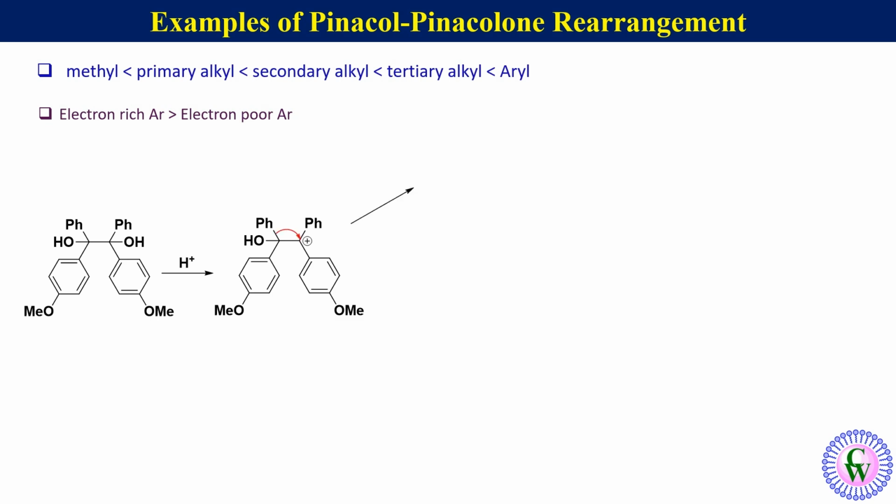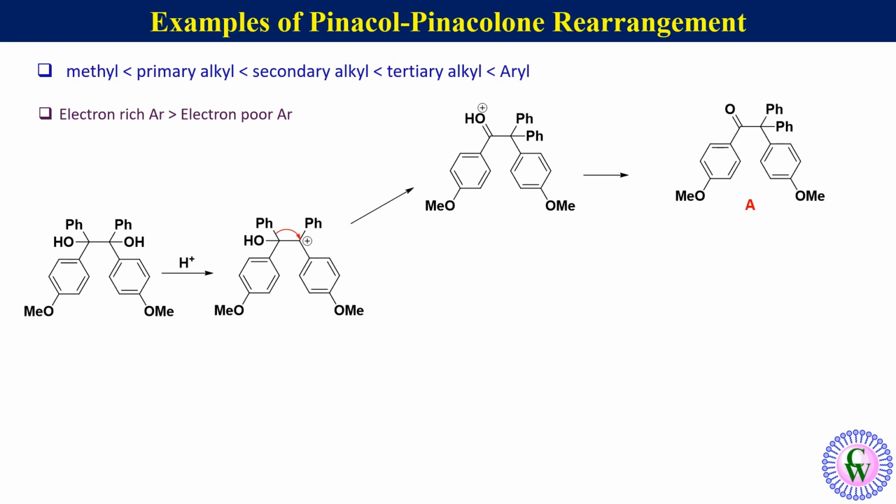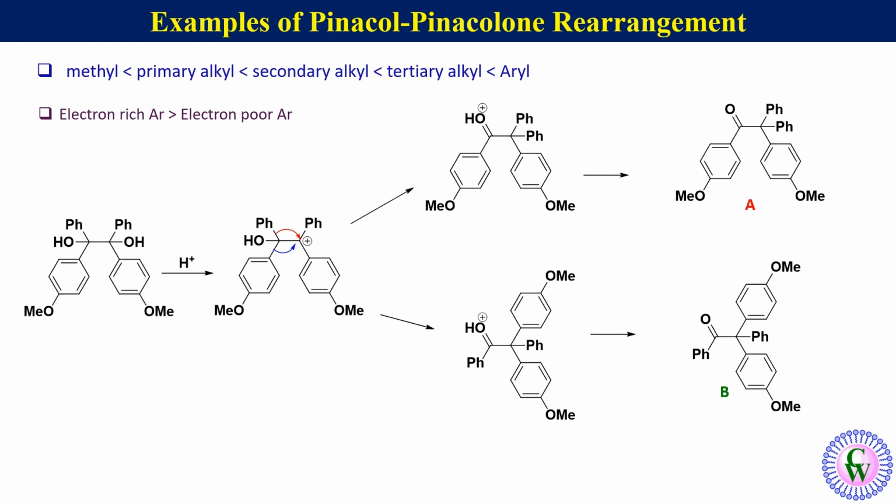Migration of phenyl will give this protonated ketone, which after deprotonation will give ketone A, while migration of 4-methoxyphenyl group will give this protonated ketone, which after deprotonation will give ketone B. Since 4-methoxyphenyl group is more electron rich than phenyl, it will have greater migratory aptitude than phenyl. Therefore, it will preferably migrate to produce ketone B as the major product.